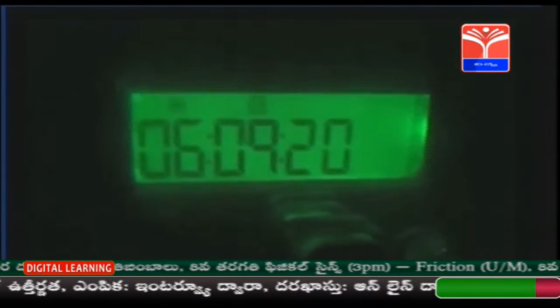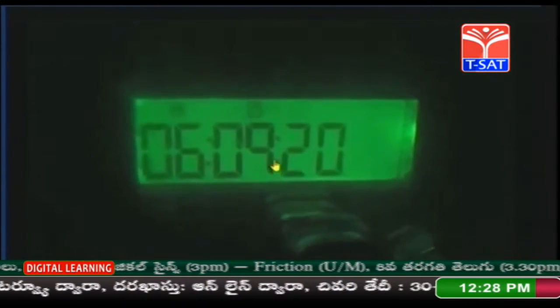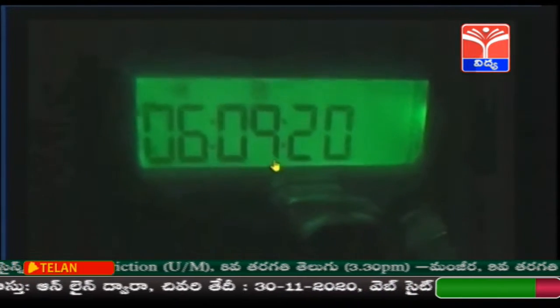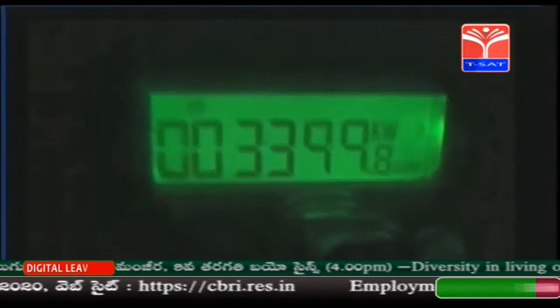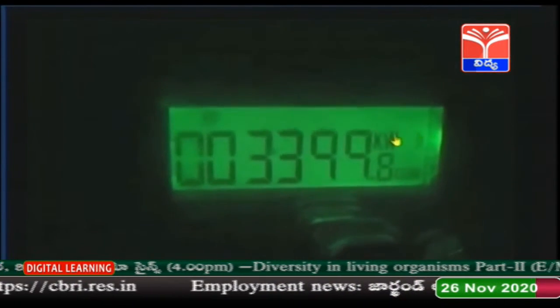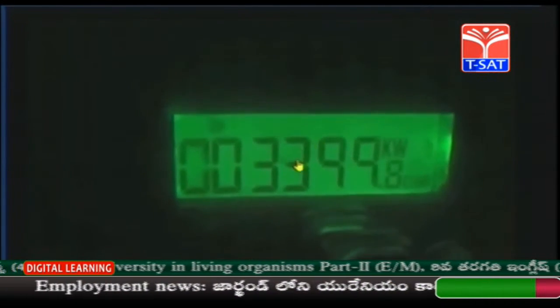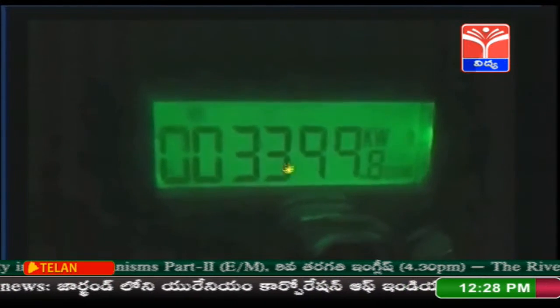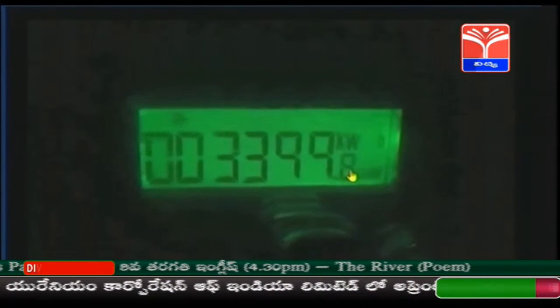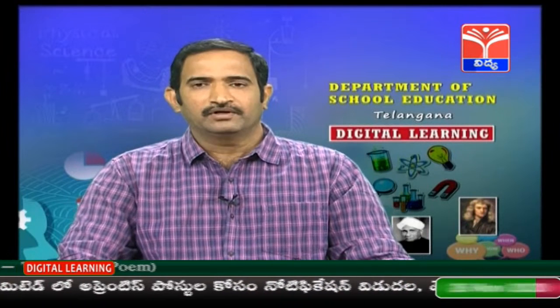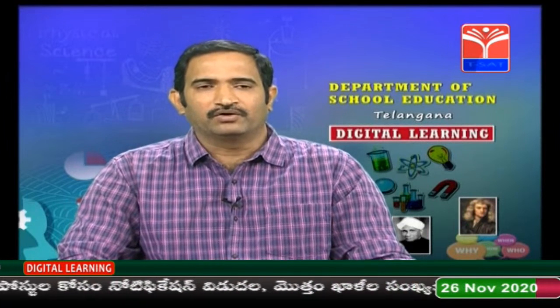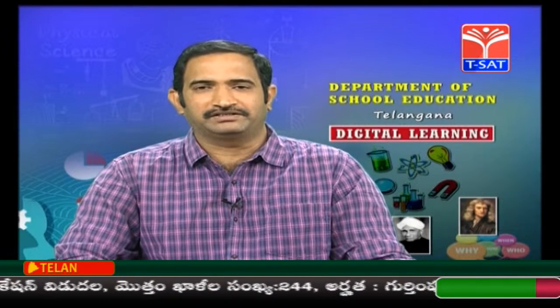Observe here, kilowatt hour, kWh is written. Now what is the reading here? 33:39. In this way we can record our meter reading. Is it very easy to record digital meters?